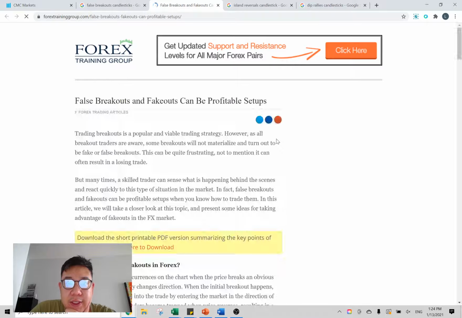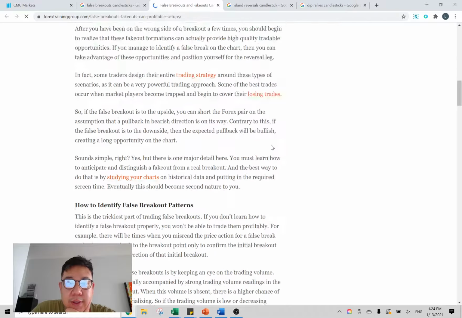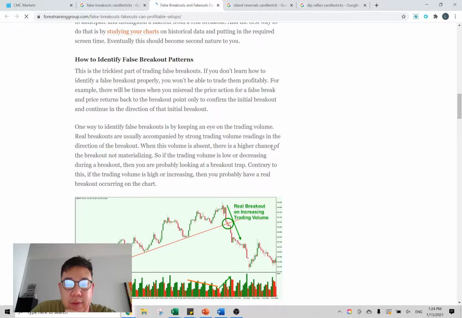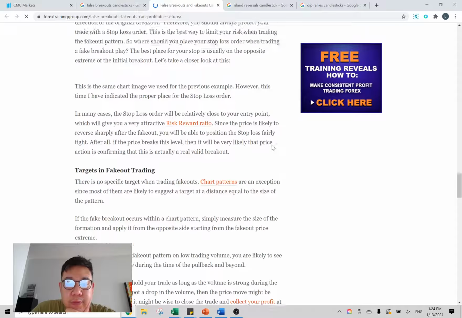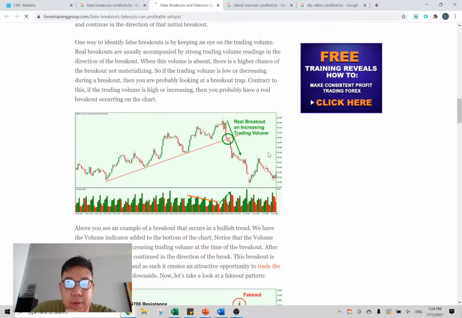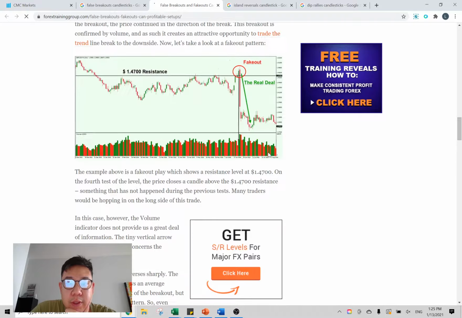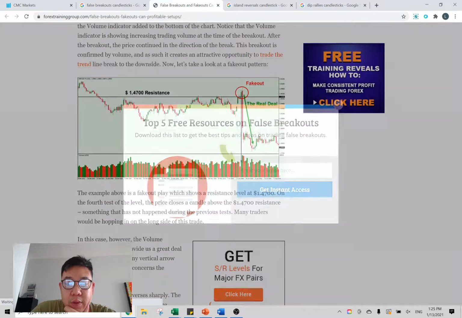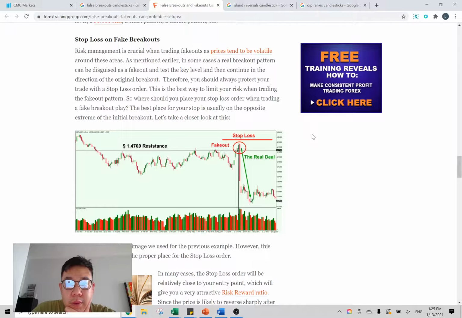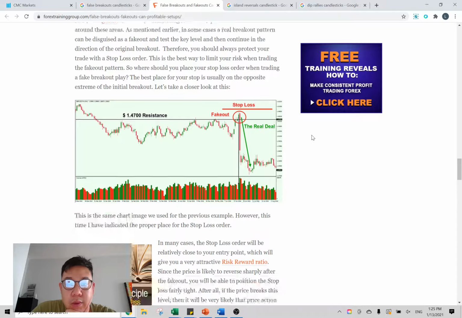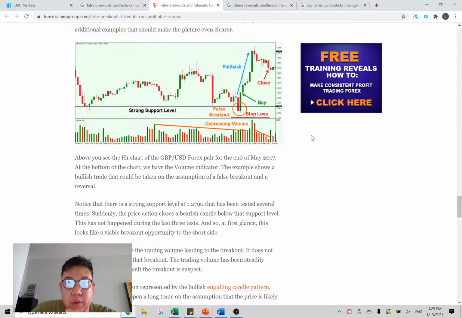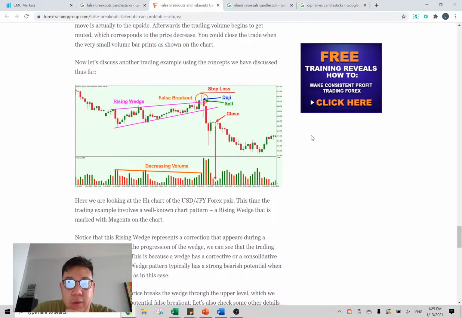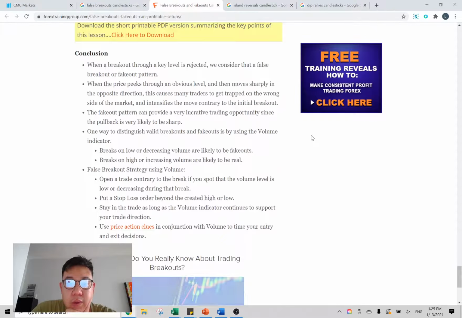What happens is the price, where is the false breakout? Real breakout, no, I want a false breakout. No, this one is not a good example.